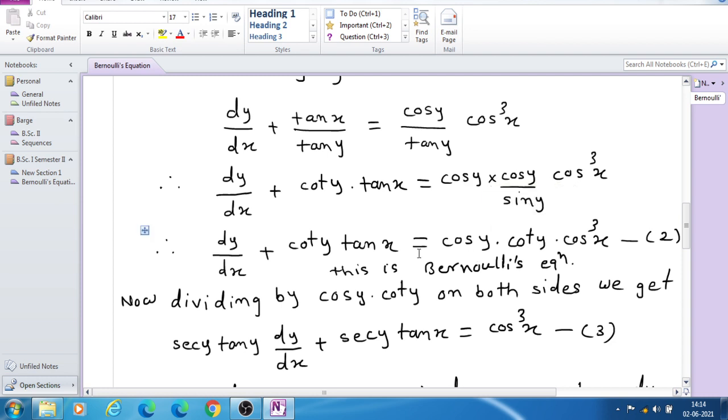So we get dy by dx plus cot y into tan x is equal to cos y into cot y into cos cube x.